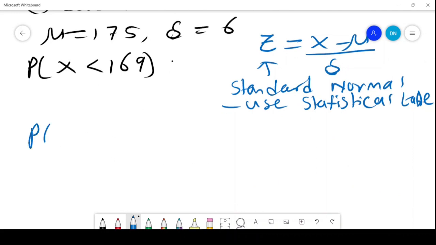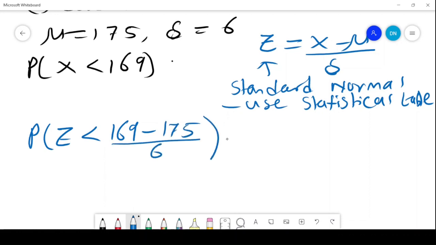So therefore we have the probability of z less than (169 minus mu 175) all over 6, and this is the probability that z is less than negative 1.